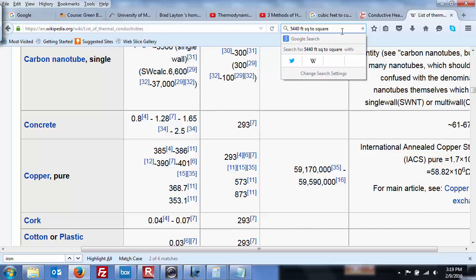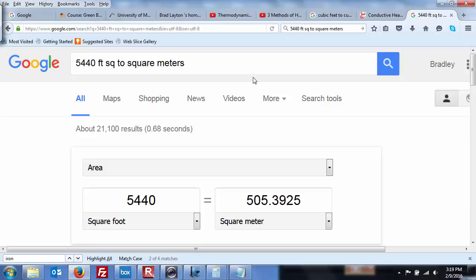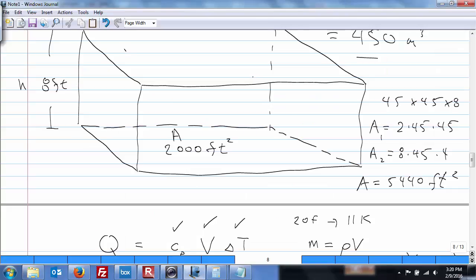You guys probably have this app on your phone already, don't you? Okay. 500, I'll call it, that sounds about right. There's about 9, yeah, square meters. I'm just going to call it 500 square meters. Equals 500 meters squared.